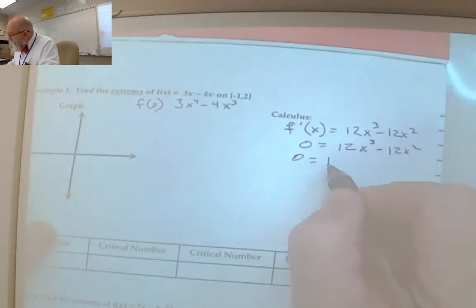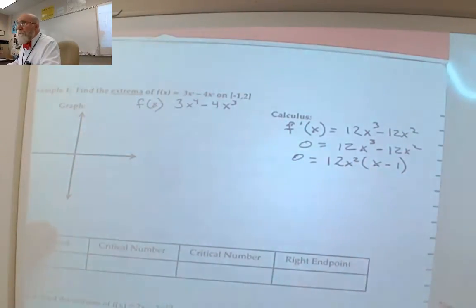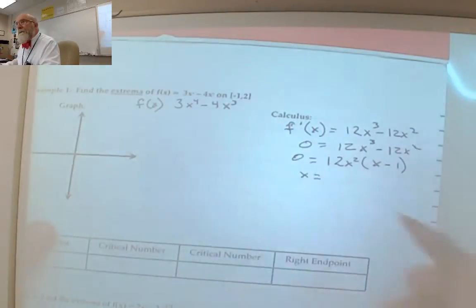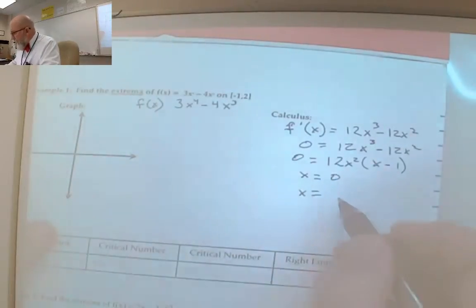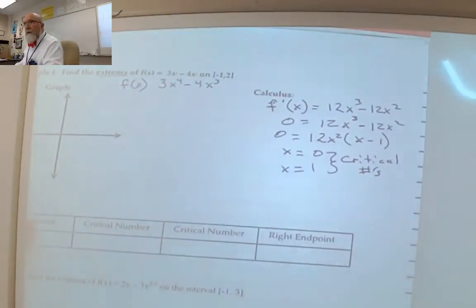How would you do that here? Factor out a what? 12x squared. And I get x minus 1. So what are my critical numbers? X equals what? 0 and x equals 1. These are my critical numbers. Critical numbers are always x values.